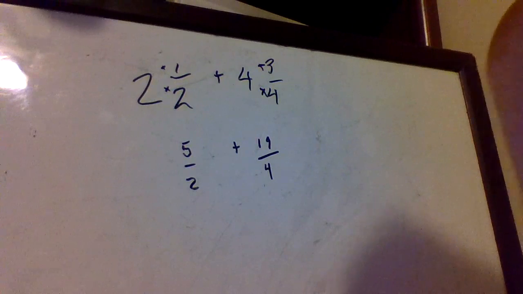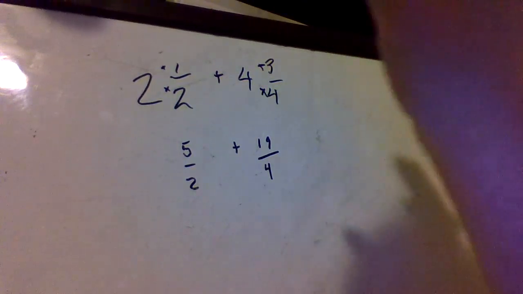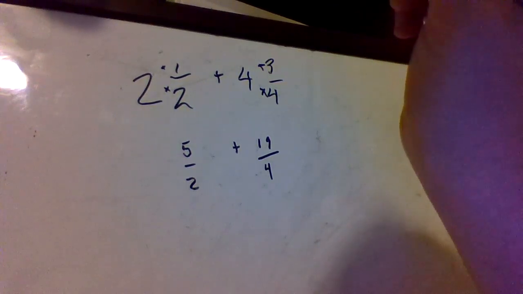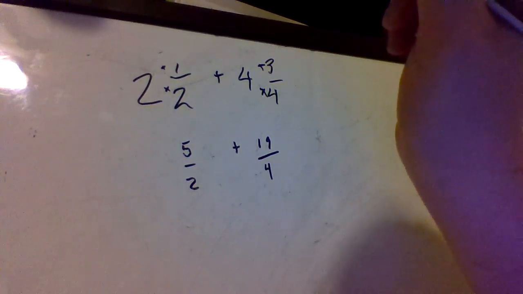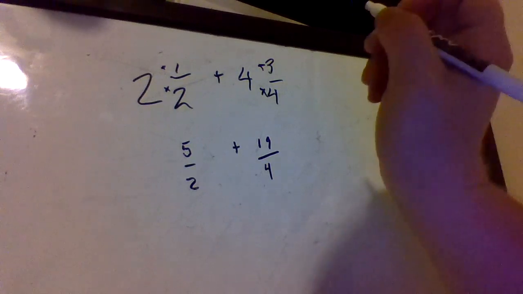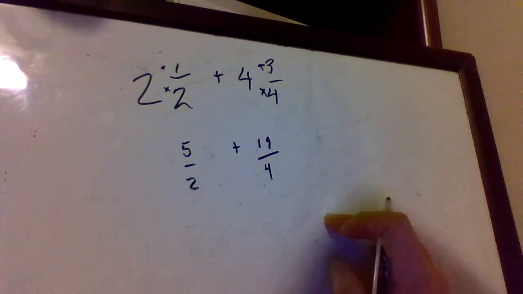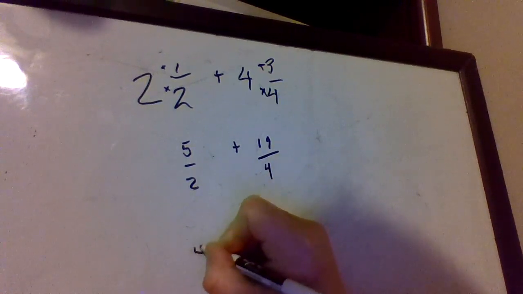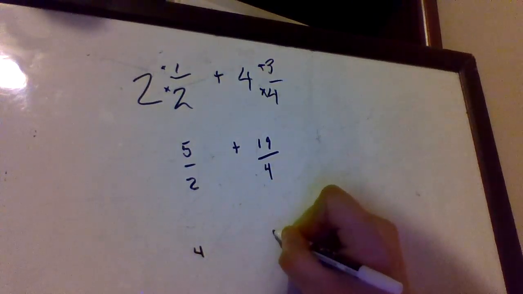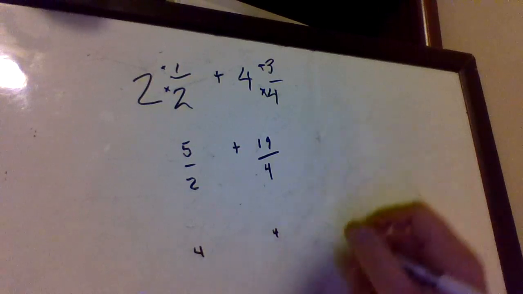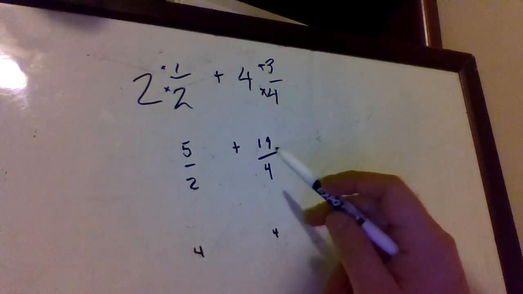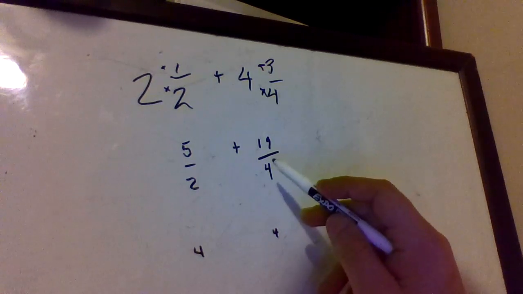Okay, now we're at the step where we're adding just plain old fractions, but we have to find a common denominator. And the common denominator in this case is going to be 4. And the reason I know that is because 4 times 1 is 4.